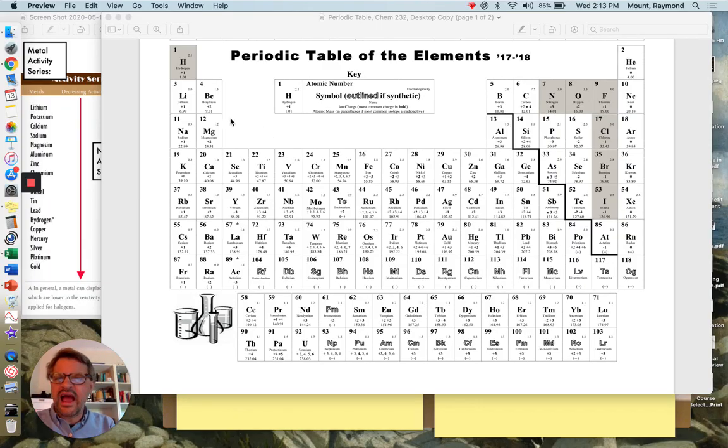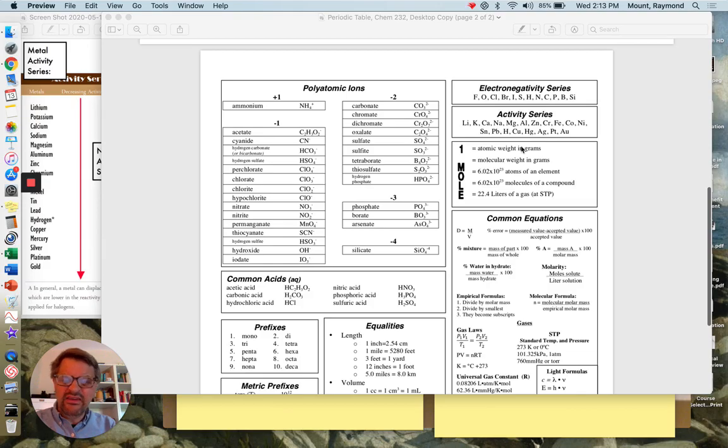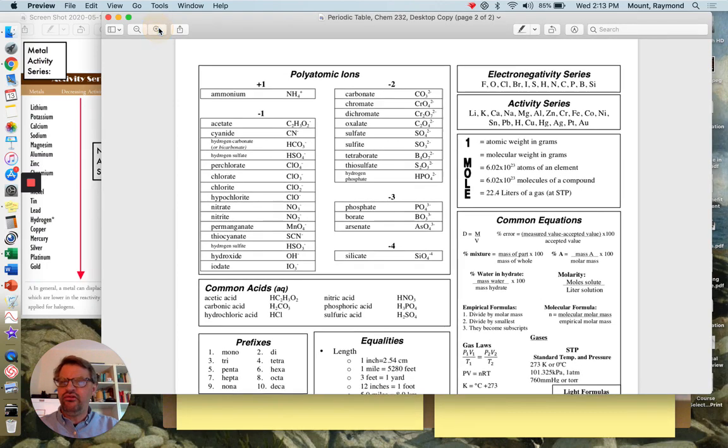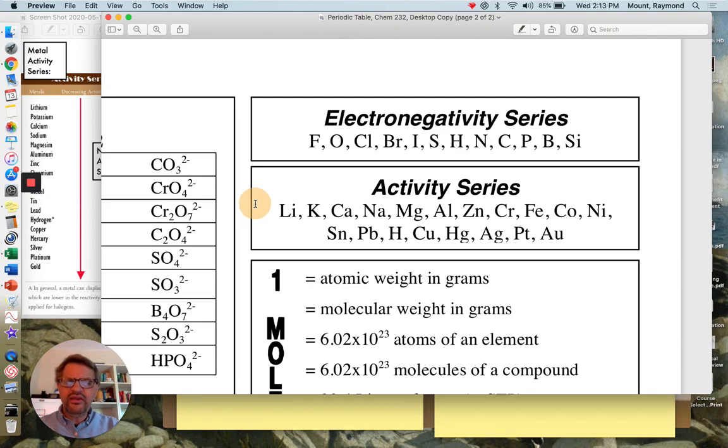If you look at our periodic table, on the back in the upper right-hand corner is a box labeled activity series. This is a list of metals listed in order from most active to least active. So lithium, potassium, calcium, these are some of your most active metals.